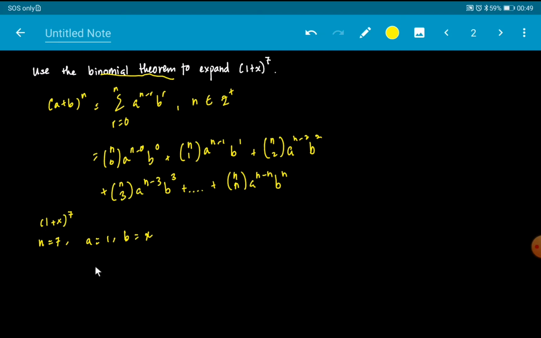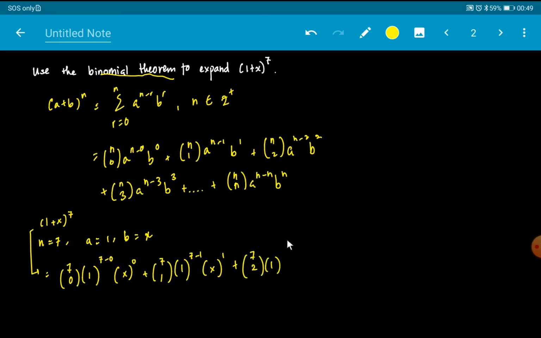So it's actually 7C0 times 1^(7−0) times x^0, plus 7C1 times 1^(7−1) times x^1, plus 7C2 times 1^(7−2) times x^2, plus 7C3.